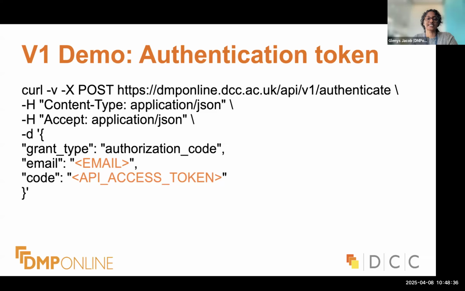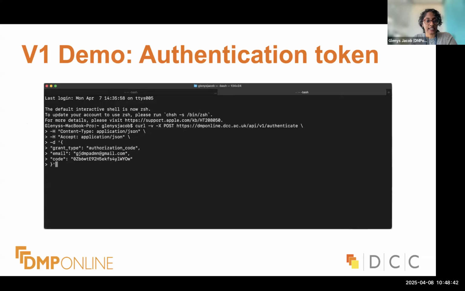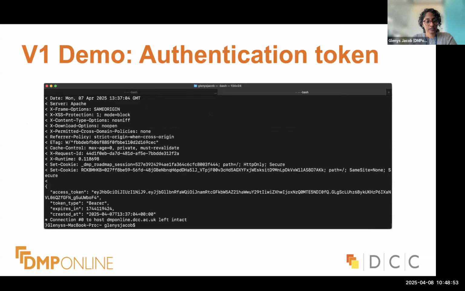So anyway, this is the command that we use to generate the token. And once again, this is the screenshot of how I generated it, and this is the same command in the terminal. And this is the result of the previous command.